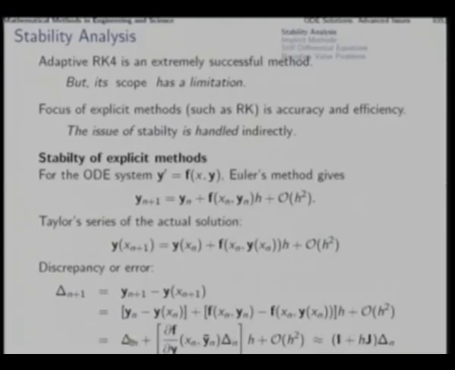Now, if we combine these two and call this matrix J, the Jacobian matrix, then we will get identity into delta n plus J delta n h, that means I plus hJ into delta n plus of course higher order terms. So, you see we get a relationship between the discrepancy at n plus 1th step and the discrepancy at nth step.